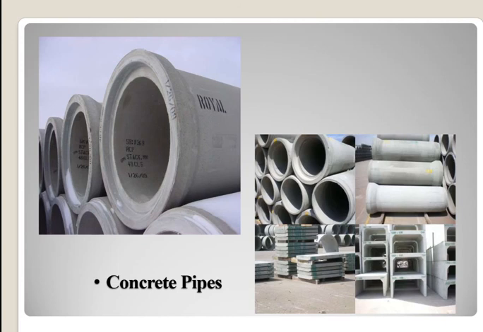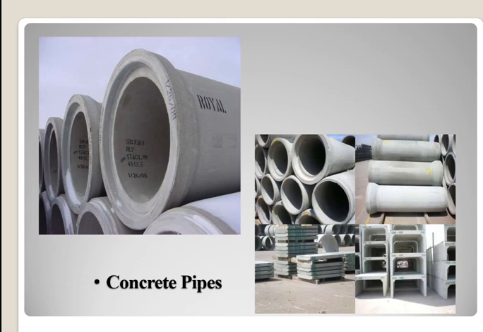It is also very difficult to make connections. Unlike the iron pipes, the connection of concrete pipes is a difficult task. And also porosity may cause them to leak. So there may be leakage of water if the concrete pipes are porous.